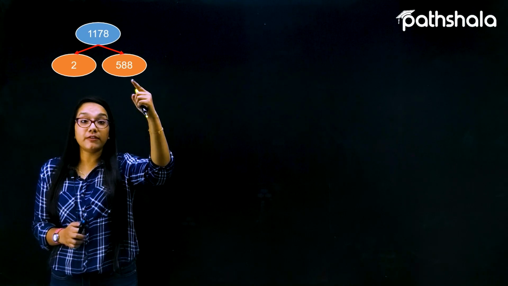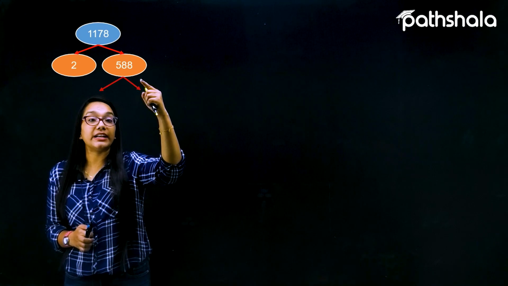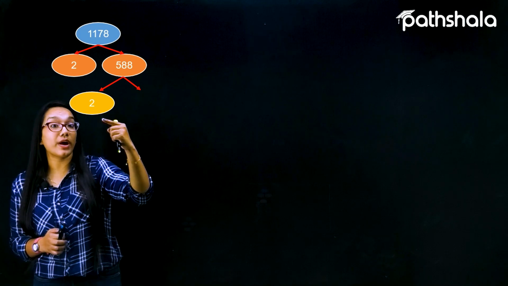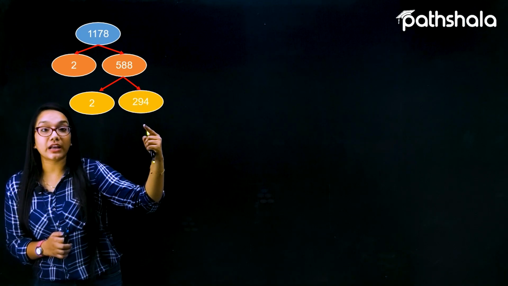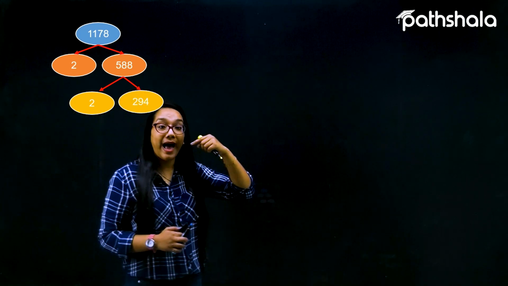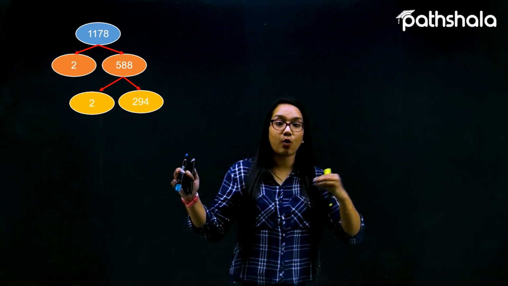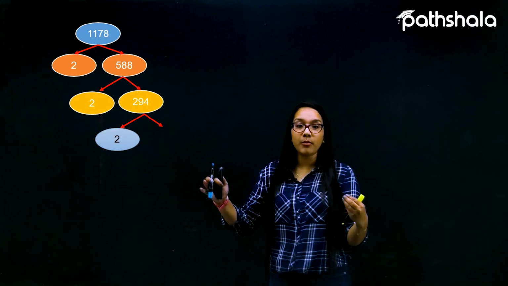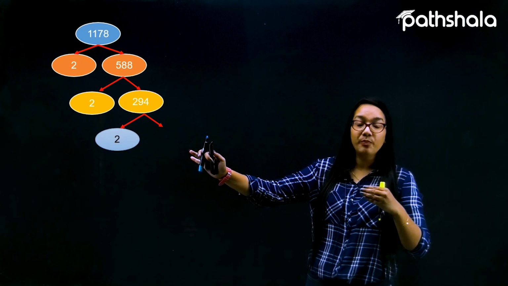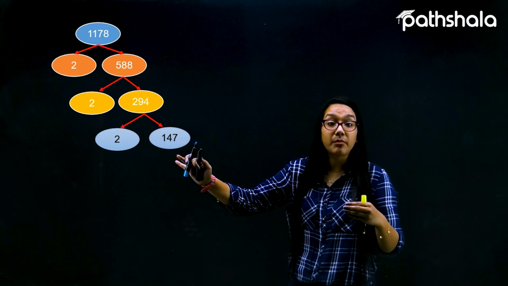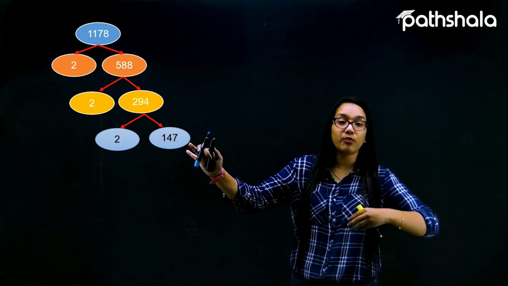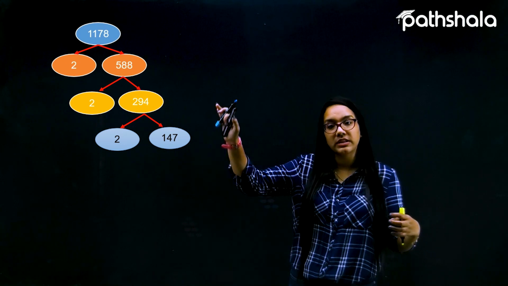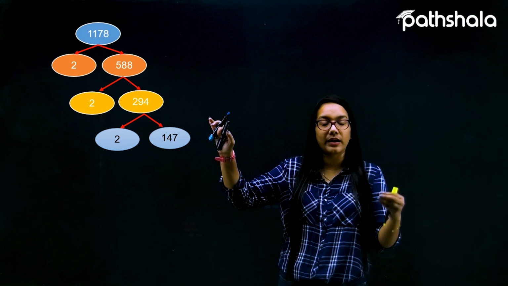Again, when we divide 588 by 2, the quotient will be 294. Dividing again by 2, the quotient will be 147. We continue the whole process again and again with the quotient that we get every time.